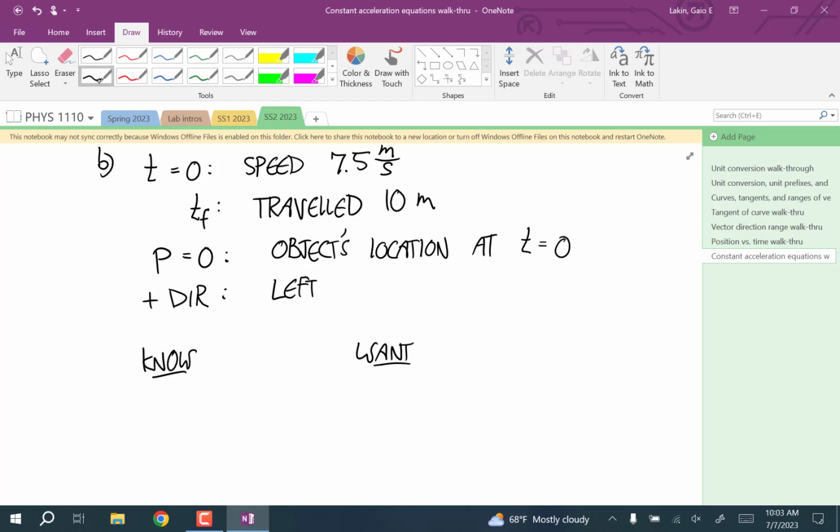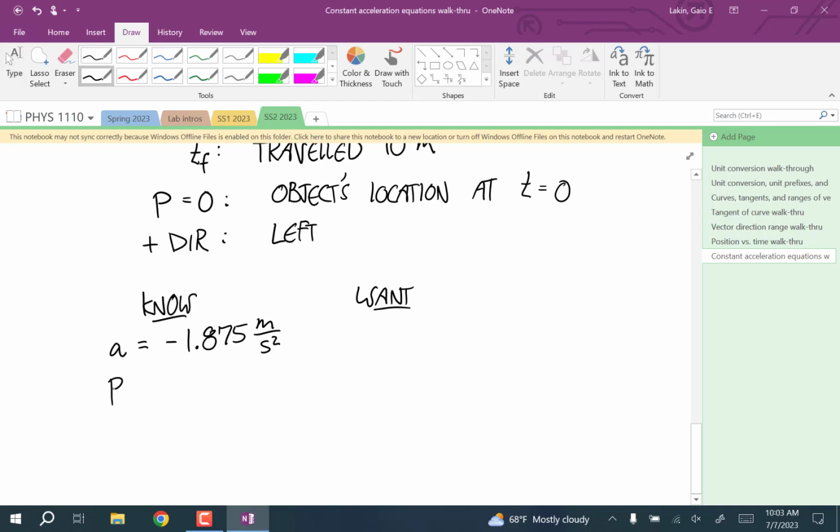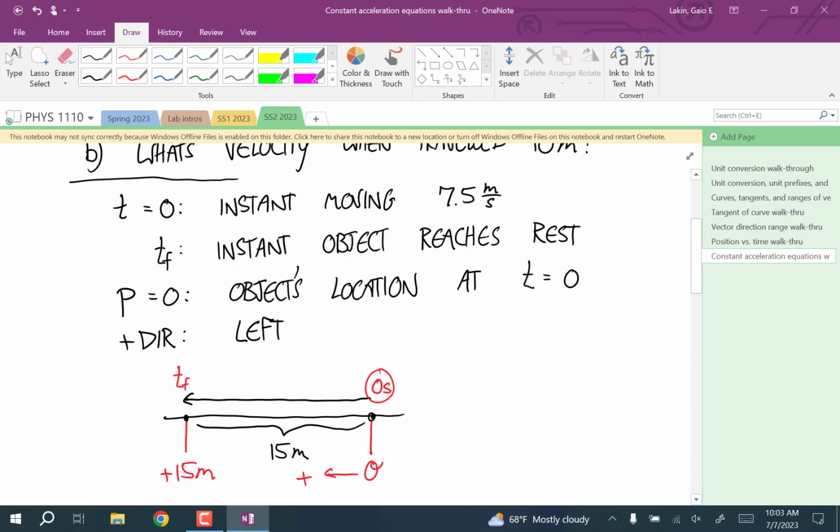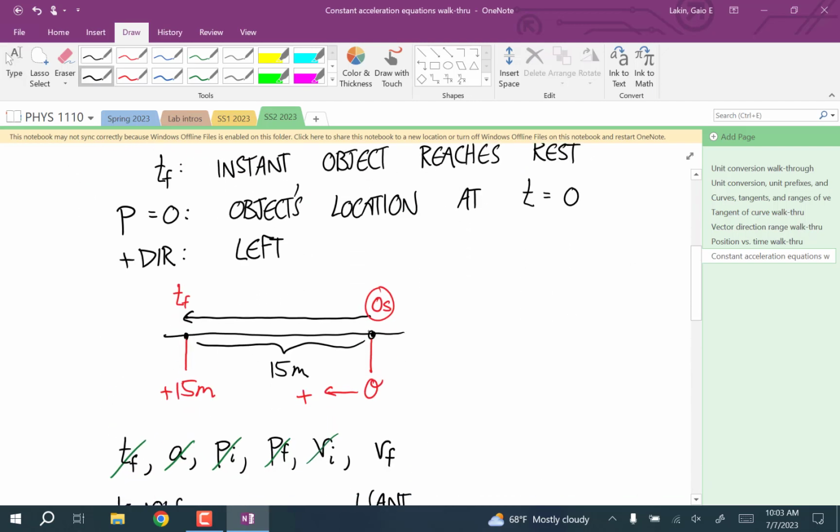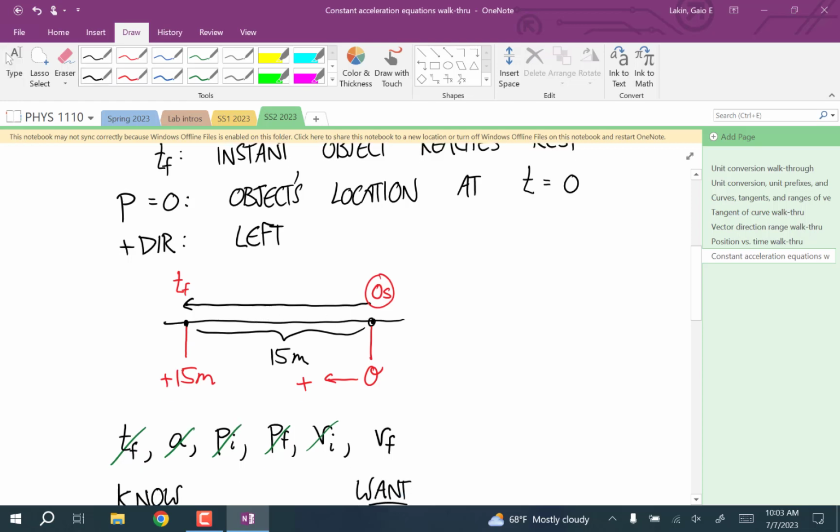Okay, time final, we don't know how long it takes for it to travel 10 meters. The acceleration, we know we calculated negative 1.875 meters per second squared. Our initial position is 0. Our final position, so if you look at this object, we're talking about starting at 0 and moving 10 meters in the positive direction.